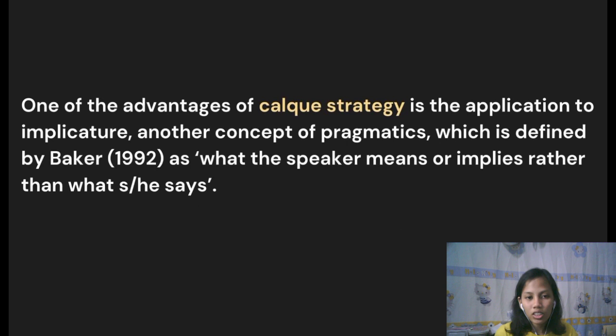One of the advantages of the calque strategy is the application to implicature, another concept of pragmatics, which is defined by Baker as what the speaker means or implies rather than what she or he says. The meaning of the implications in the source text may cause difficulties for the translator, because the author of the text is liable to give his real meanings for a special intention by using patterns which seem to be irrelevant.